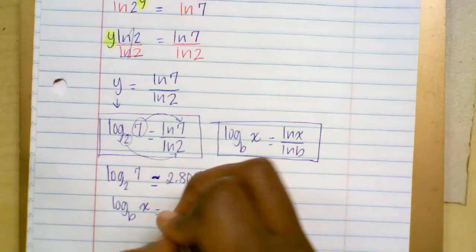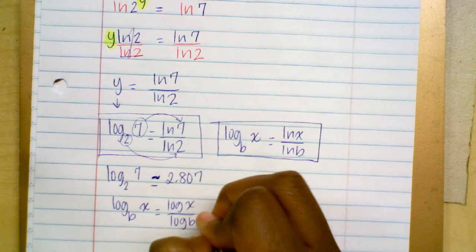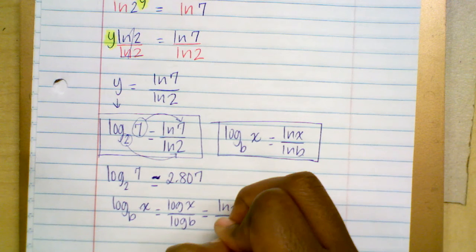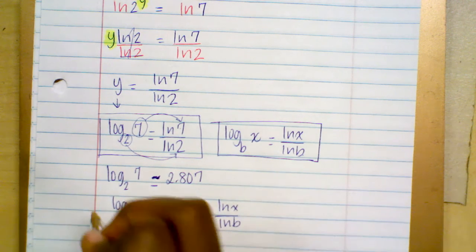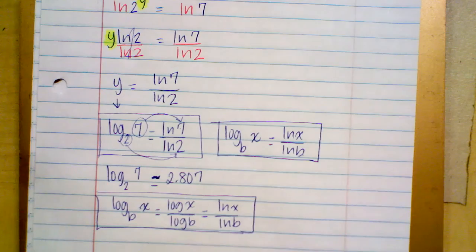you can either use the common log, or if you want, you can use ln. Those two end up with the same answer for the exponent.